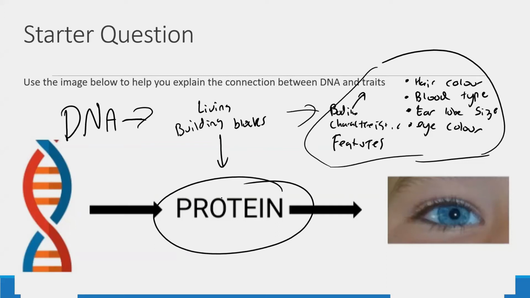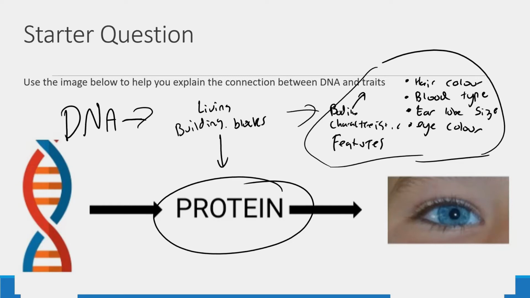There's a reason that I'm putting this slide at the very start. One, because it gives me a good chance to see what you know. But if there is a problem in this chain, if the DNA is not able to make the correct proteins, then you will not get the features that show up. And obviously it's specific DNA.